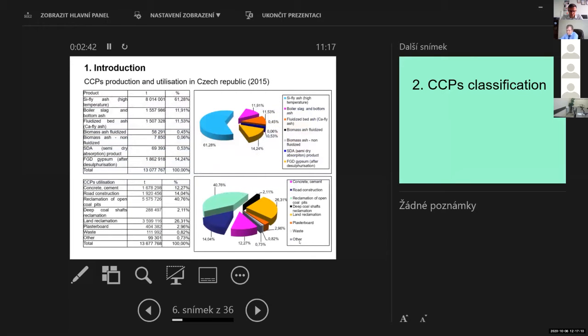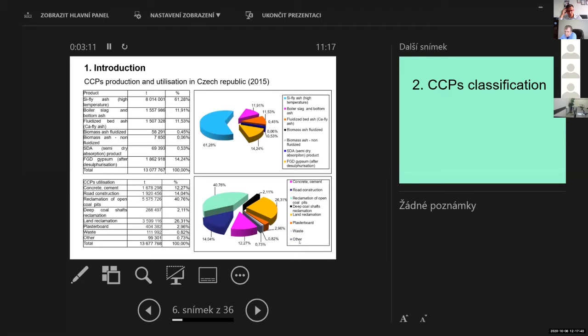There is the production of various types of coal combustion byproducts: siliceous fly ash, boiler slag, fluidized bed ash. There are also data about the production of desulfurization products like semi-dry absorption product or FGD gypsum. The utilization of those materials is in the concrete and cement industry, road construction.